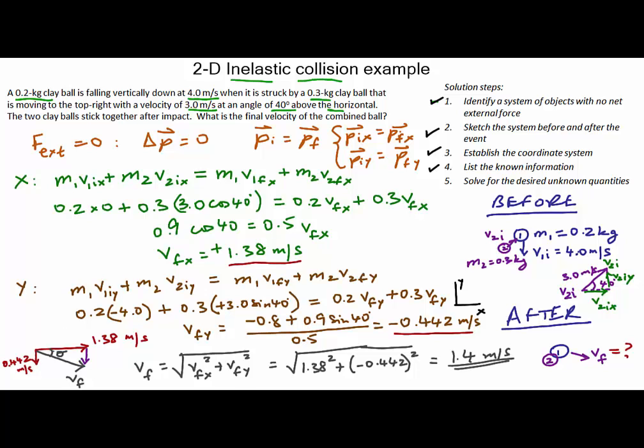And then this angle theta, I can say that tangent of theta equals opposite over adjacent. So that would be, I'm only taking the magnitudes, 0.442 divided by 1.38. And when I solve for theta by taking tangent inverse of that fraction, I get 17 degrees. So then I can tell that after these two balls collide, they're going to be moving at 17 degrees below the horizontal to the right with a speed of 1.4 meters per second.